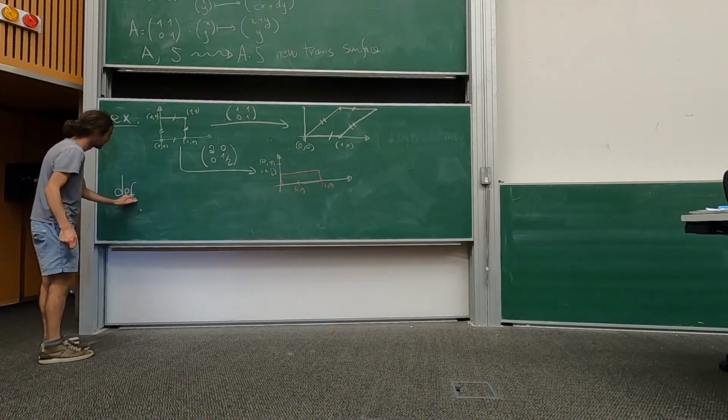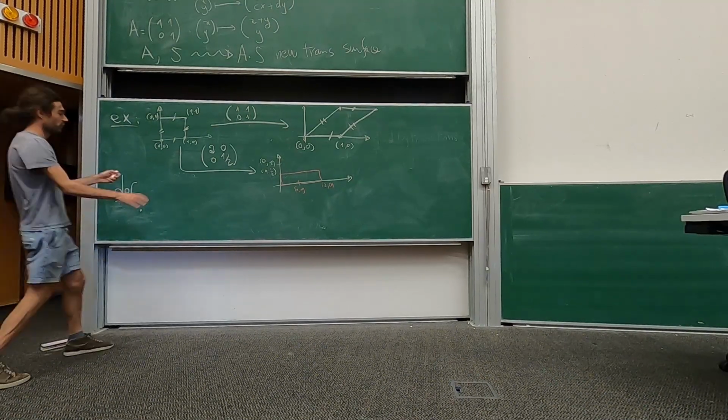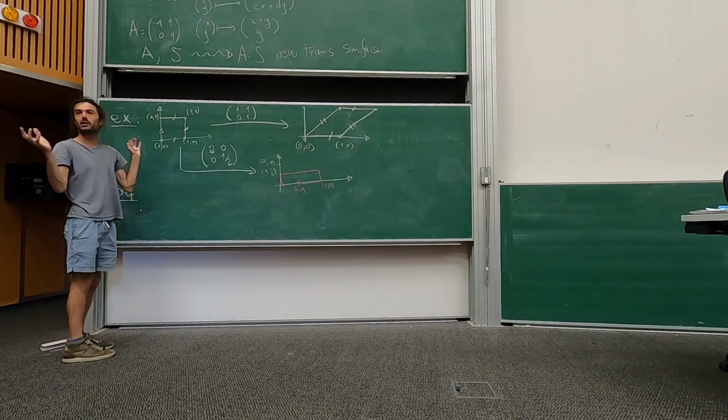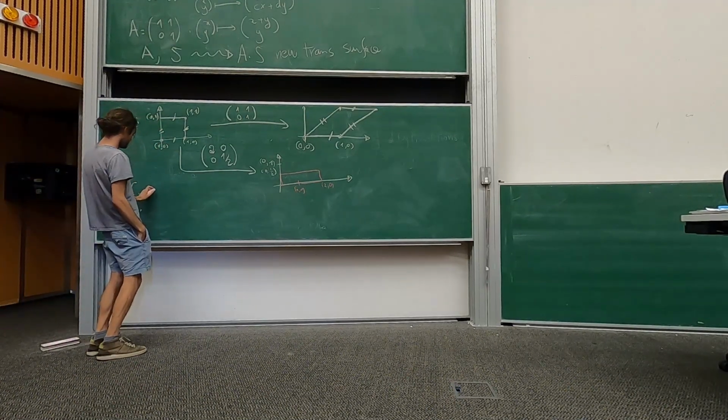Now, I want to define something that will encode how symmetric my surface is, and that is the Veech group.